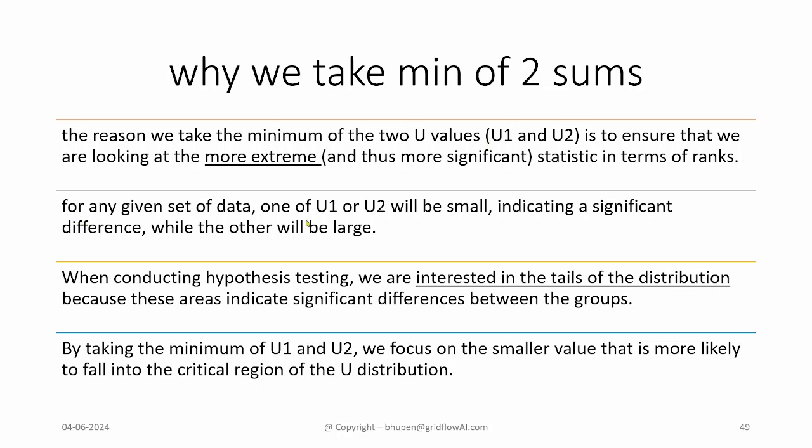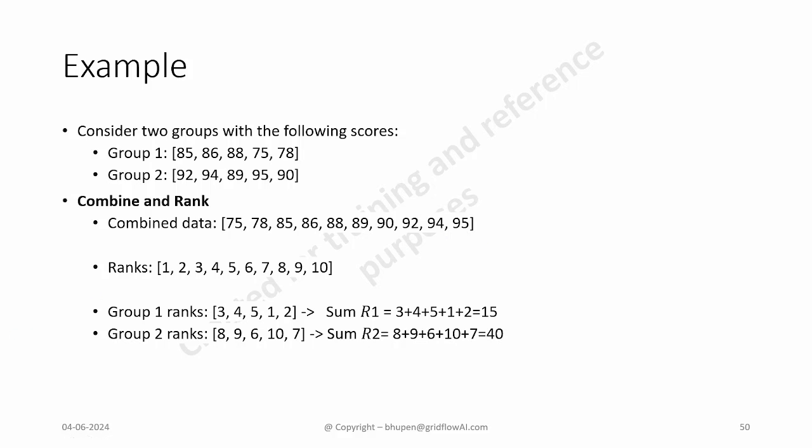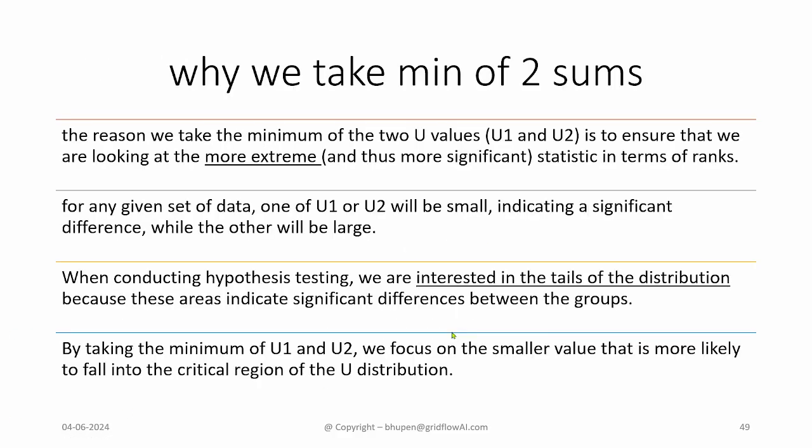Now, for any given data set, one of the values, U1 or U2, would be small if there are differences, indicating a significant difference. So one value will be small and the other high if there are any differences in the data. And we are interested in the tails of the distribution. Essentially, what does it mean? In our previous t distribution, for example, this is how the distribution looks. We are more interested in the extreme area.